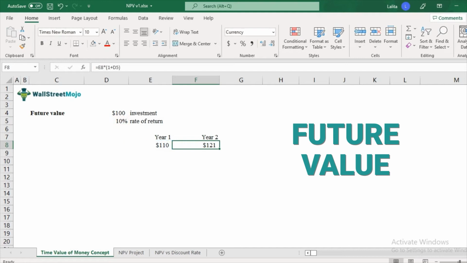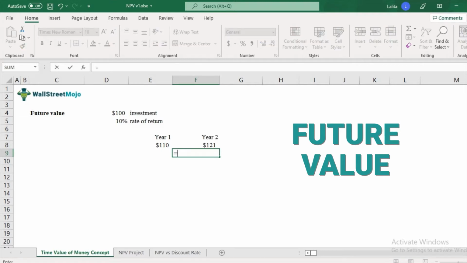This year two formula can also be written in another format, and that's more important. It can be expressed as a part of the original investment multiplied by 1 plus your 10%, right? So the first part will give you the value at the end of first year, right?